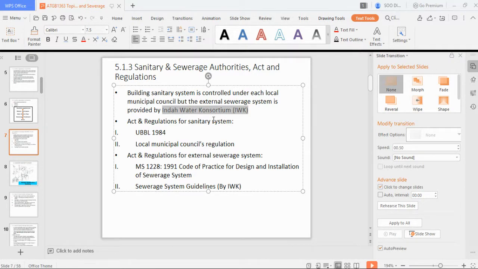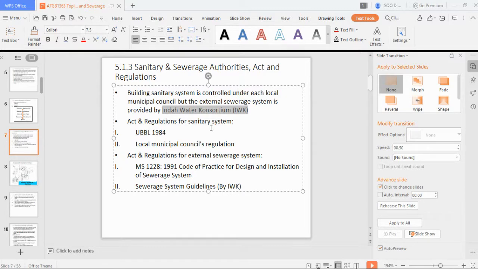But just so you guys are aware of it, it won't come out in your exam. All this sewage treatment plant is actually being built by the developer. This is based on my working experience. The government, if it's possible, usually does not want to spend money on all this.